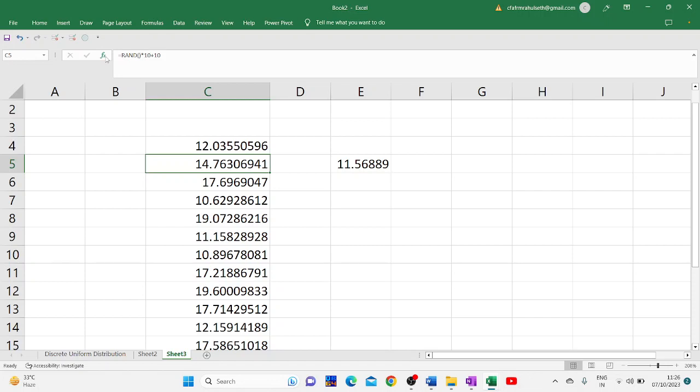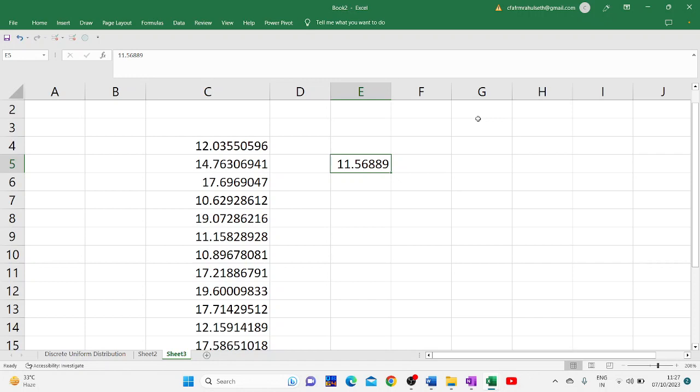Now we know that in a continuous distribution, we measure probability within a range. We can't measure the probability of a specified outcome, right? So we can't measure the probability of getting 11.56889.